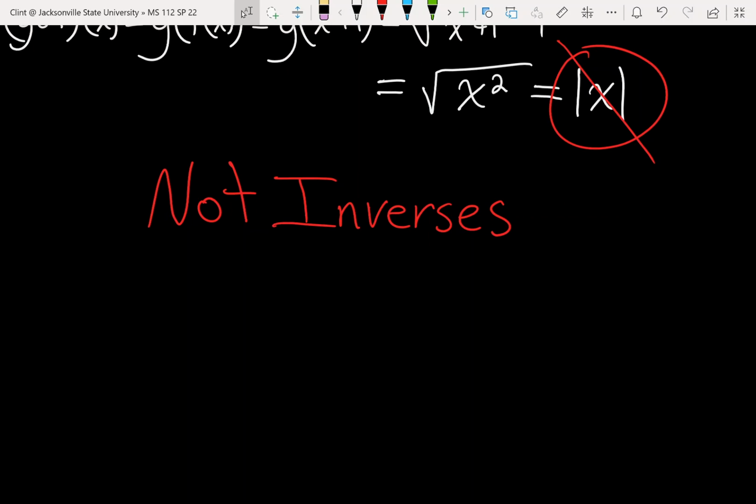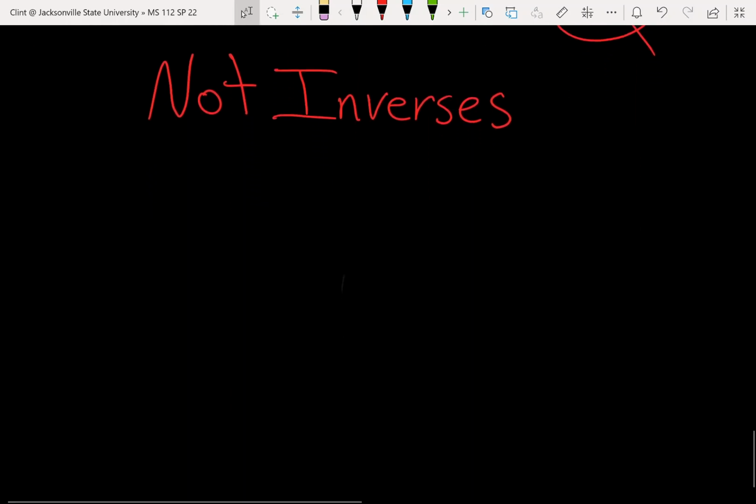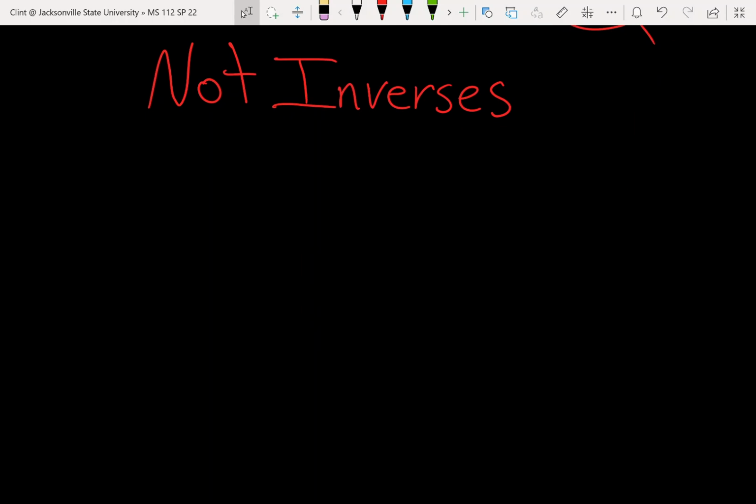Last thing we want to do is talk about, if we know a function has an inverse, how can we come up with the inverse function? That's actually not always possible.